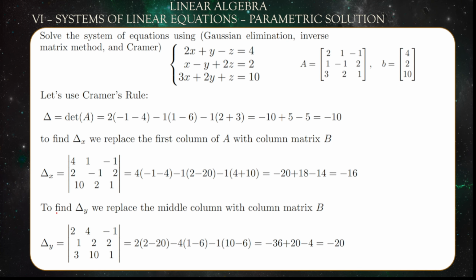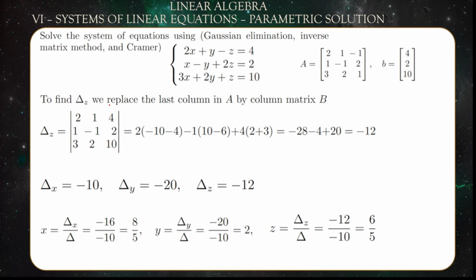Then to find delta z, we replace the last column in A by column matrix B. So the last column, which is minus 1, 2, 1, should be replaced by 4, 2, 10. Okay, so delta z, let's evaluate it, is equal to 2 multiplied by minus 10 minus 4, correct?